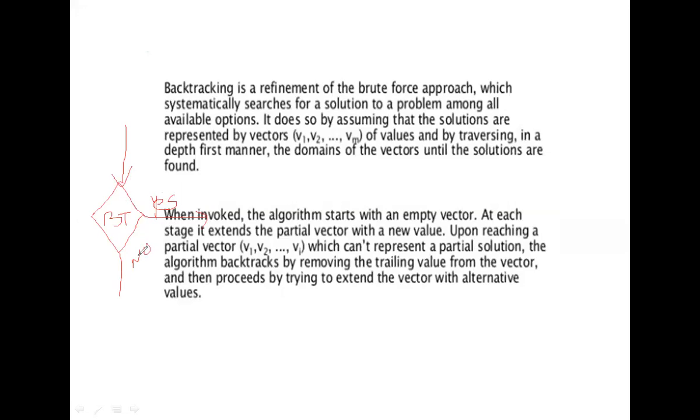Otherwise, no. If the solution is not found, then we move again along the same path, which means we have to search again. If the solution is found, okay. Otherwise, we have to repeatedly backtrack and search for the element. This is the process of backtracking, traversing through the domain of the vectors until the solution is found.